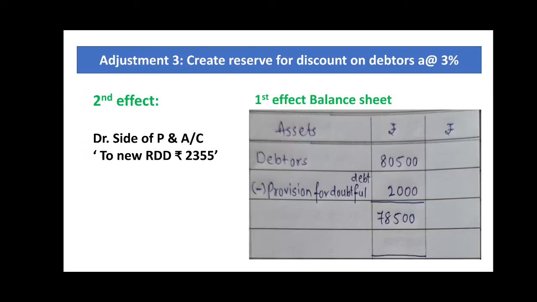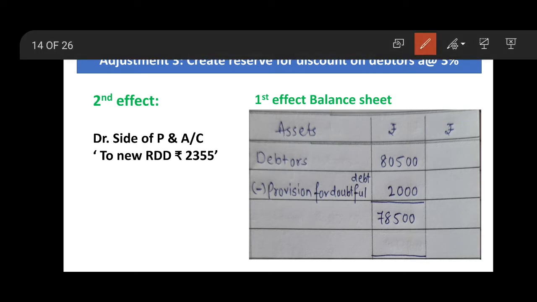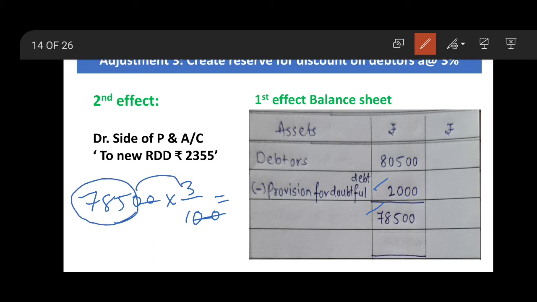Adjustment 3, create reserve for discount on debtors at 3%. We already have deducted 2000 out of this debtors, so we are having 78,500. 78,500's 3%. Calculate it, cancel 2 zeros here, 2 zeros here, 785 into 3.